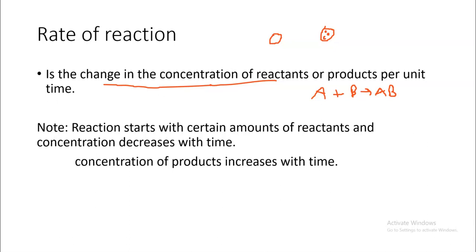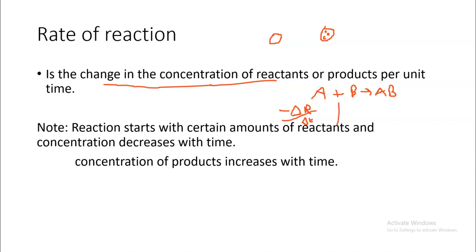So the definition of rate of reaction is the change in the concentration of the reactant or the product with time. When you do first year chemistry, they will change this a bit. Since reactants are decreasing with time, the formula will be negative change in reactant over change in time. That will be your formula for those who will be doing chemistry next year in first year.